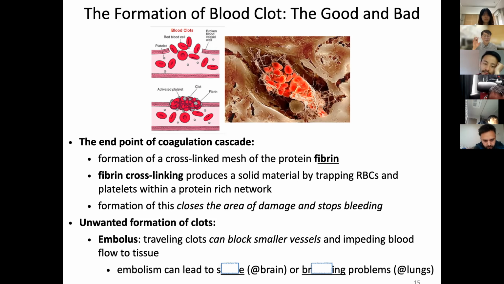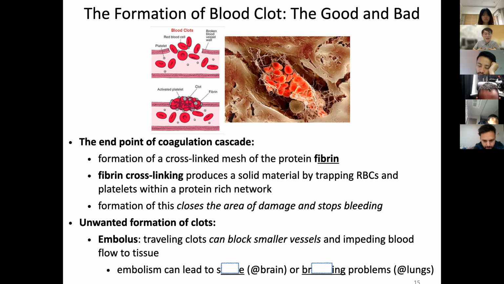But this life-saving process can sometimes become an unwanted formation of clots, which is, for example, an embolus. In the first class I told you a thrombus is a clot inside the blood vessel, but a traveling blood clot we call an embolus, or emboli if multiple. So what is the problem with a traveling clot? They can block smaller vessels.